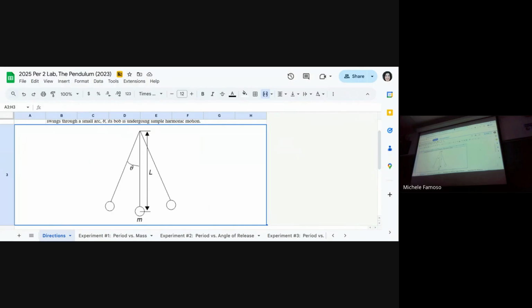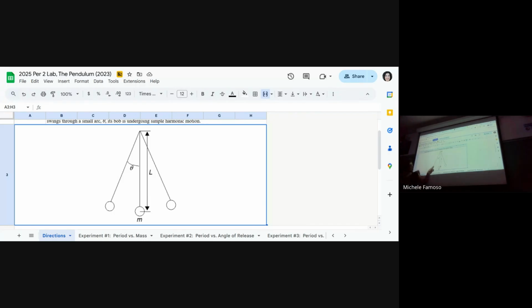Have any of you ever encountered a string that has no mass? No, they actually don't exist. So this is a theoretical situation where we'd have a massless string and an object with some mass suspended from the string that doesn't have any mass, which doesn't exist in the real world. That's why we're doing a simulation with this.